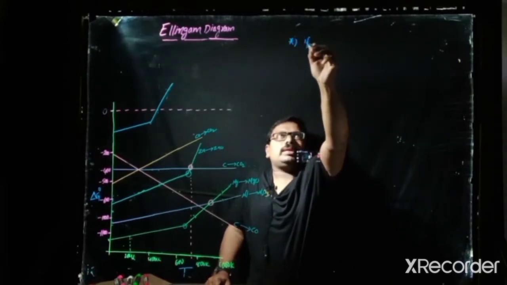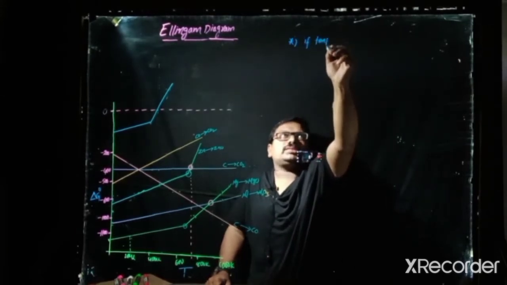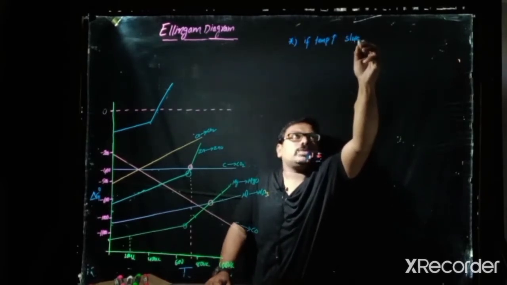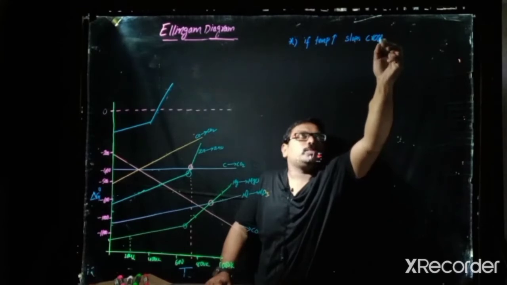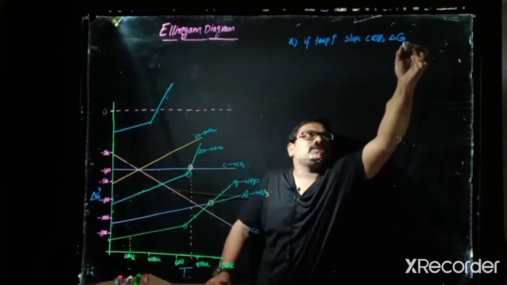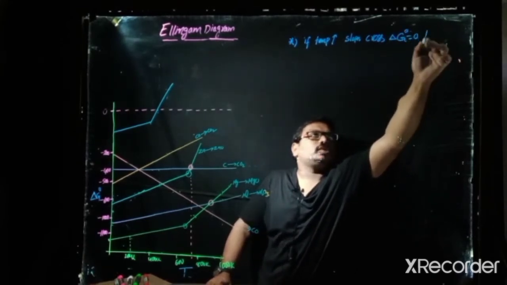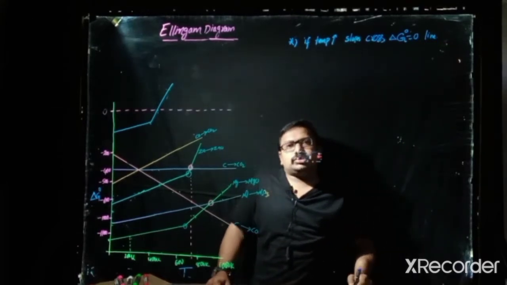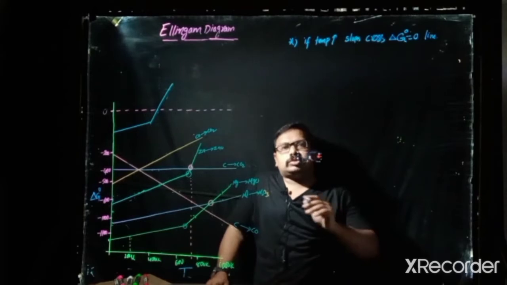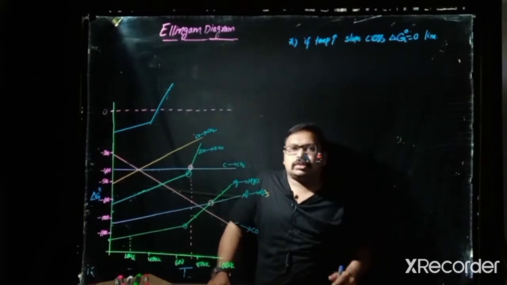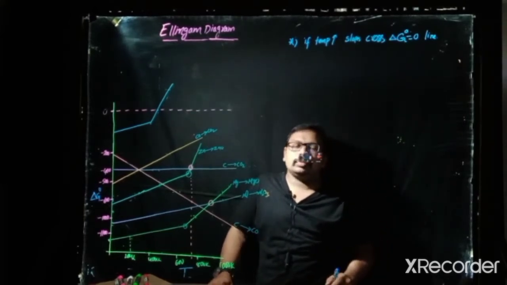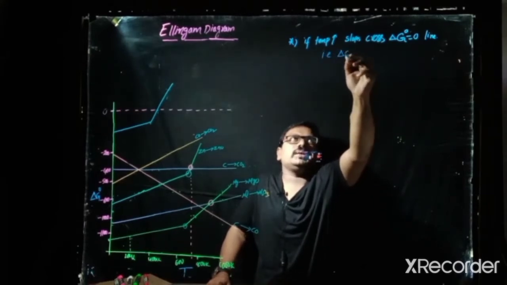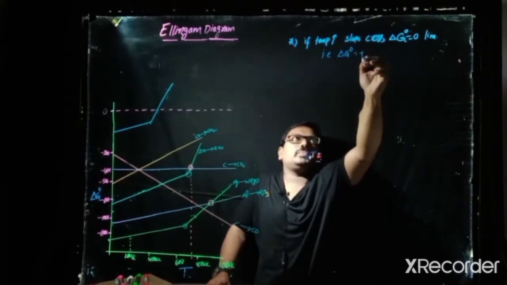If temperature increases, slopes cross the delta G naught equal to 0 line. Delta G naught equal to 0 line means the slopes are in which direction? That is the positive side, delta G naught positive.